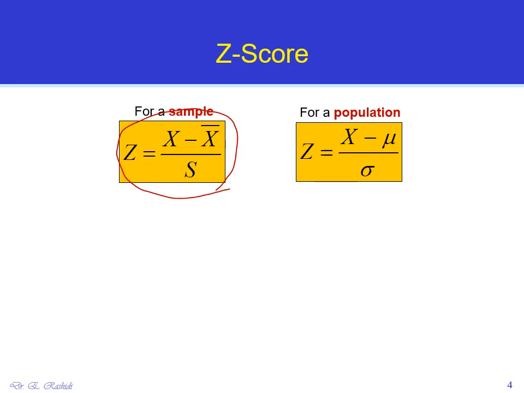If you're talking about a population, then the mean is shown by mu and the standard deviation is shown by sigma. So the Z-score of that value would be X minus mu divided by the standard deviation, which is sigma.